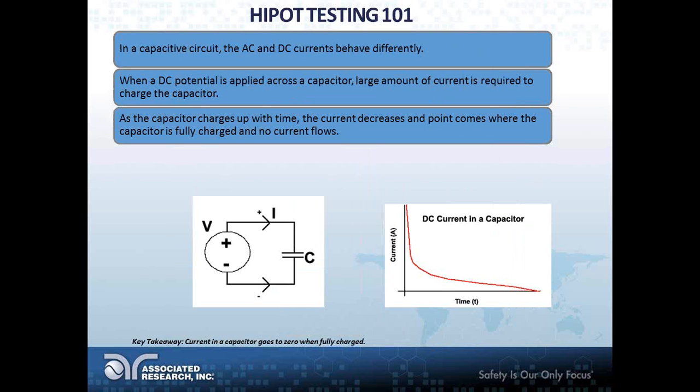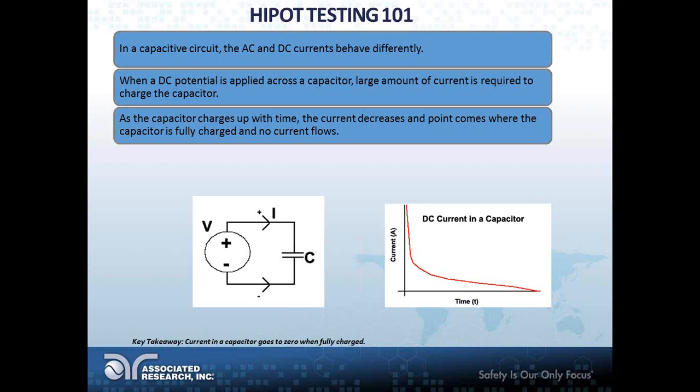In a capacitive circuit, the AC and DC current behave differently. Look at these two pictures at the bottom. The first one shows a simple DC source applying voltage across the two plates of a capacitor. And on the right side, we'll see how the current in a capacitor behaves. As you can see, as the capacitor charges up with time, the current decreases.